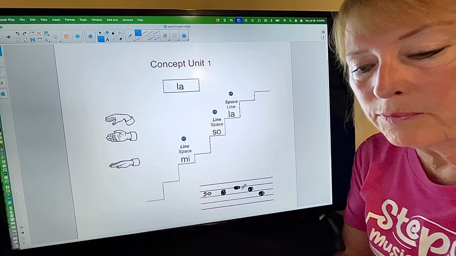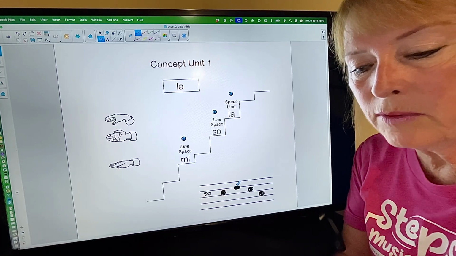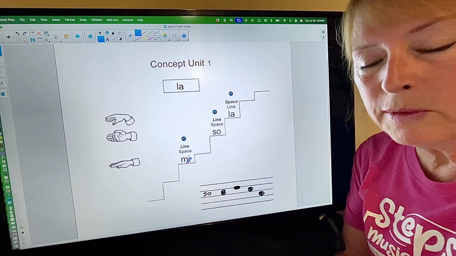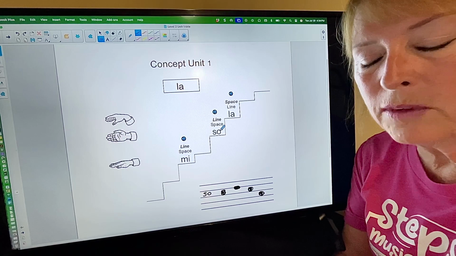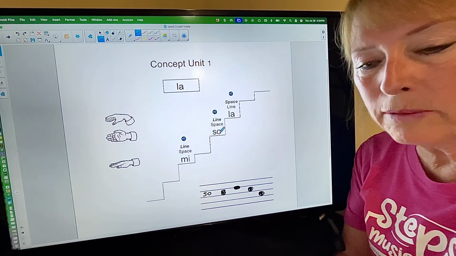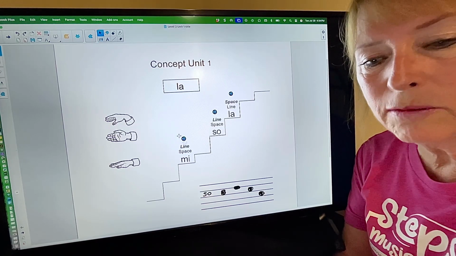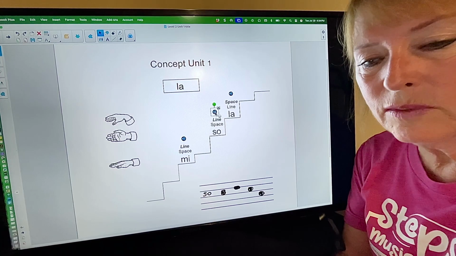That's the pattern. So mi is one skip down from so, and la is one step up from so. La is one step up. And we can hear it like this. Here is the sound of mi, and so, and la.